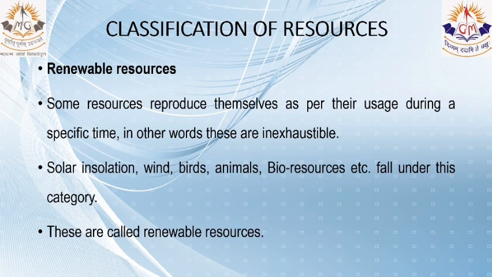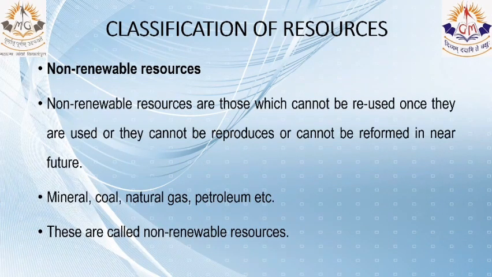So all the bioresources have a capability to regenerate themselves, so they fall under the category of inexhaustible resources. All these things are called renewable resources because they can regenerate. It takes some time, but then they can regenerate, and that is why they are called renewable resources.